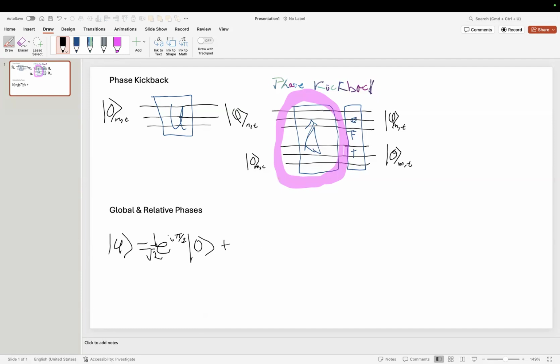In the same way, we have a wave function like that, plus, and then we need to apply the normalization factors. And here, instead of e to the 0, we have e to the i pi. Right? So here we can extract a common factor of, do you see that?